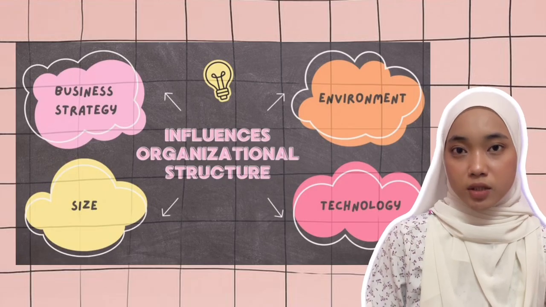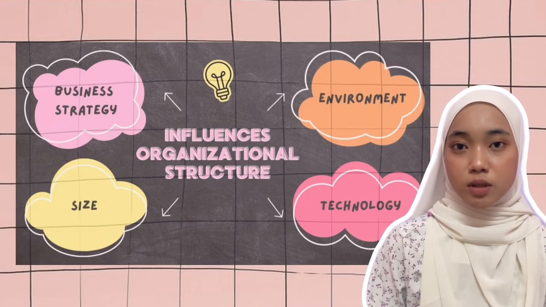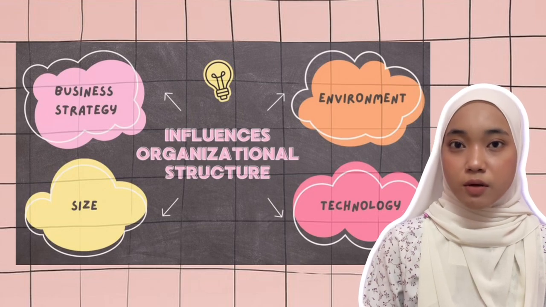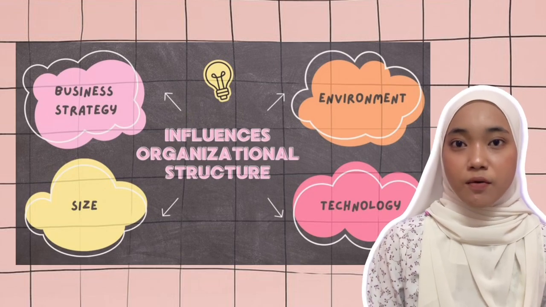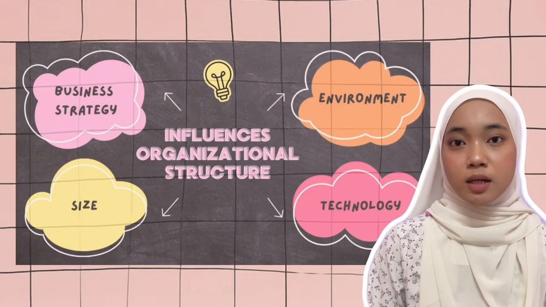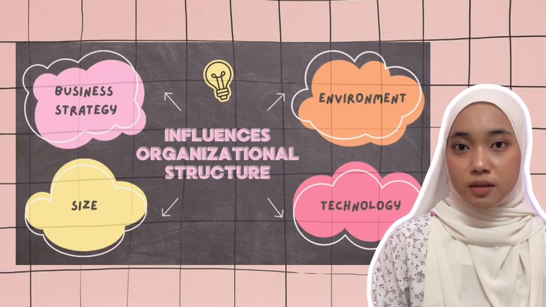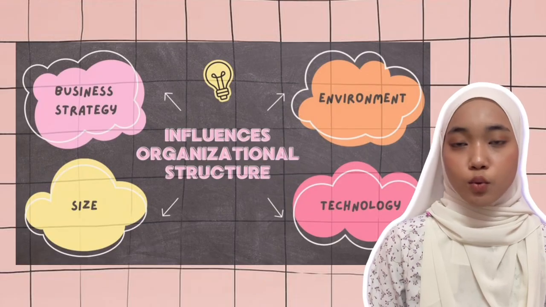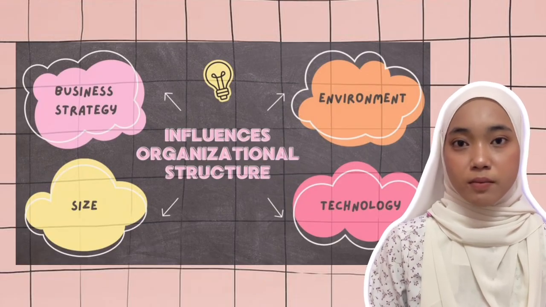Third, technology. Mass production suits formal structures. Custom production benefits from flexibility. Fourth, environment. Stable environments support mechanistic models while rapidly changing ones demand adaptability. Design must align structure with these factors to support performance and responsiveness.